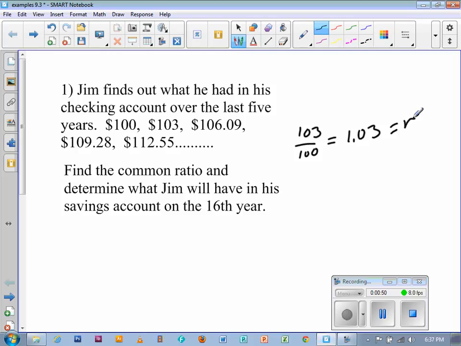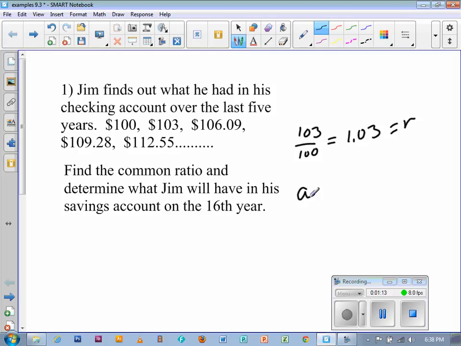Now we want to know what Jim will have on the 16th year, which obviously is the 16th term in our geometric sequence. So what we're going to need to do here is come up with an explicit formula and then simply insert the 16 in for n, which is our term that we're looking for. So here we go.